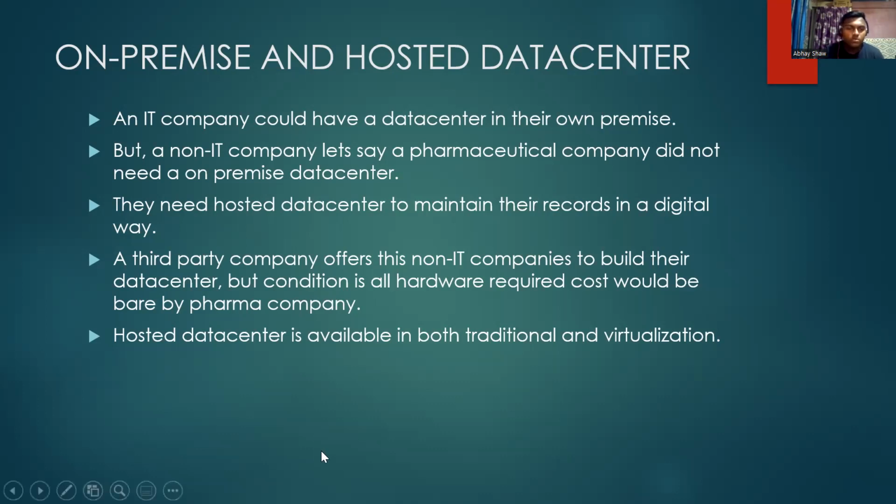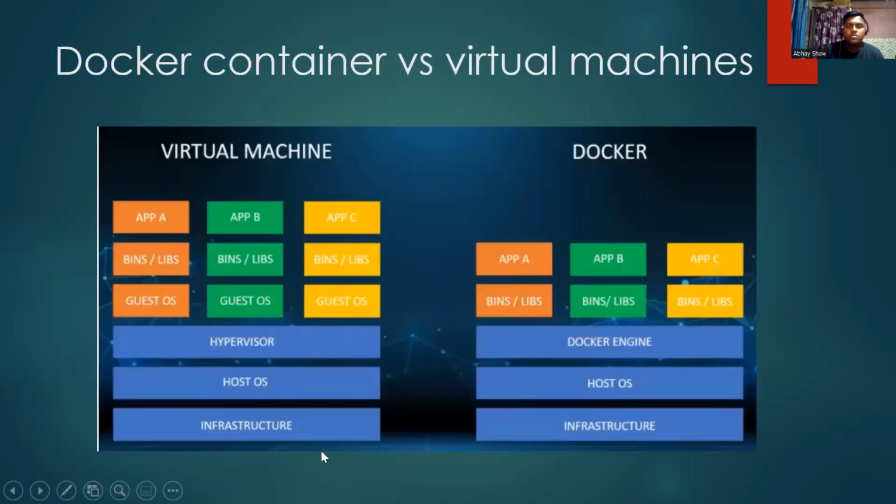And moving on to the next. So this is the architecture of virtual machines and the Docker containerization method. You can see the lowest layer is the network infrastructure, where all the routers, switches, and firewall security are installed. On top of that, a host operating system is installed.